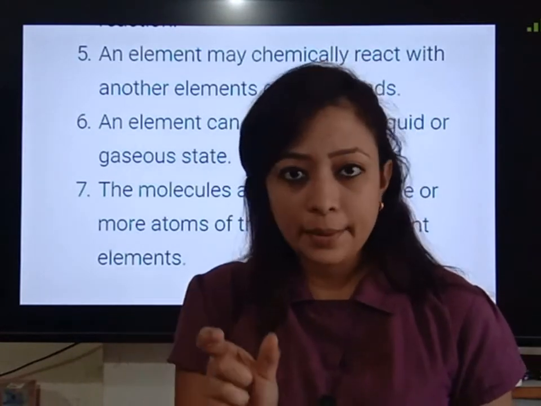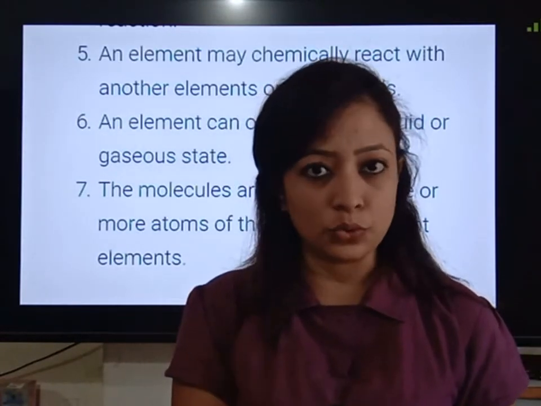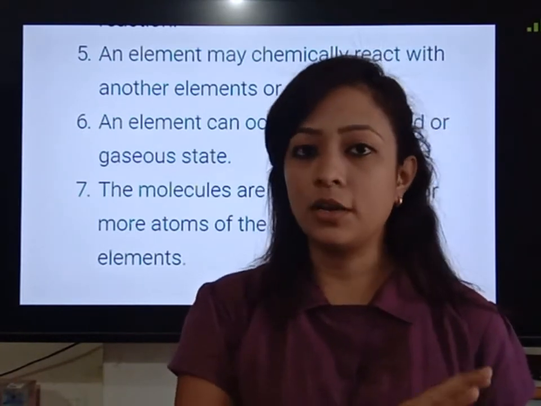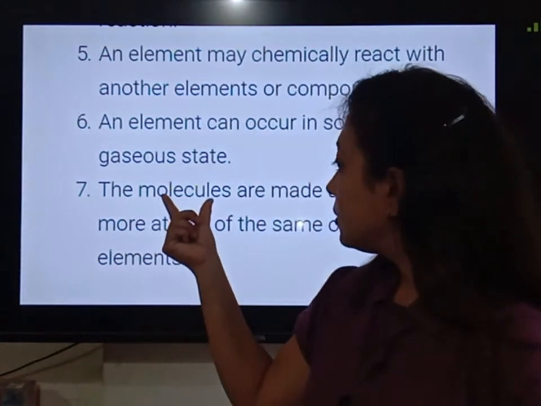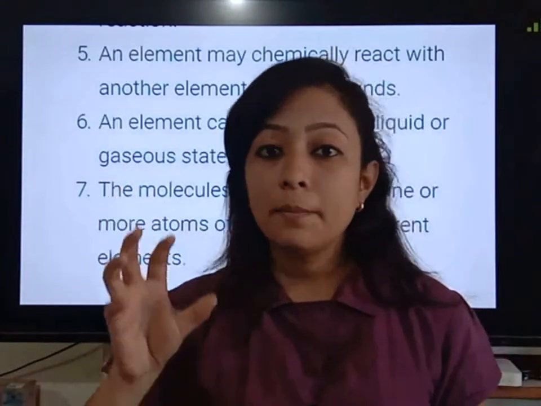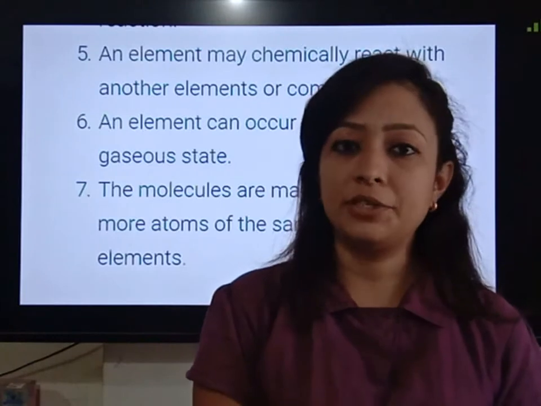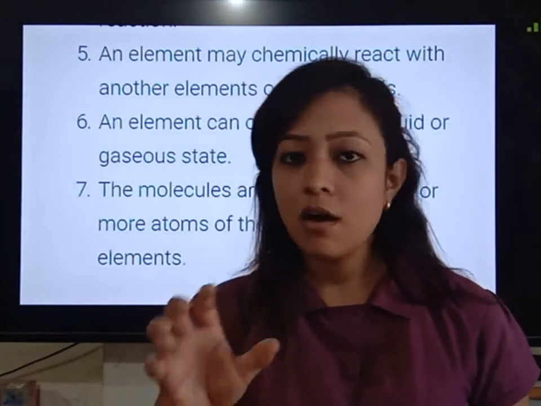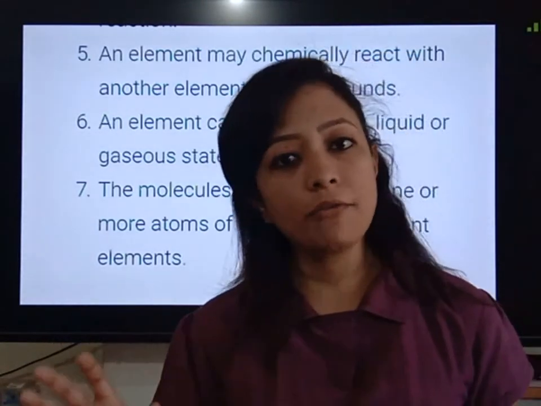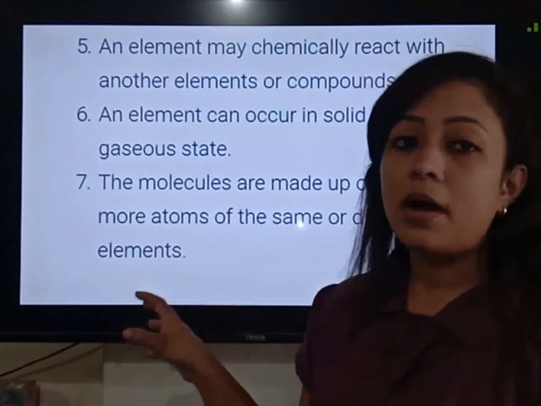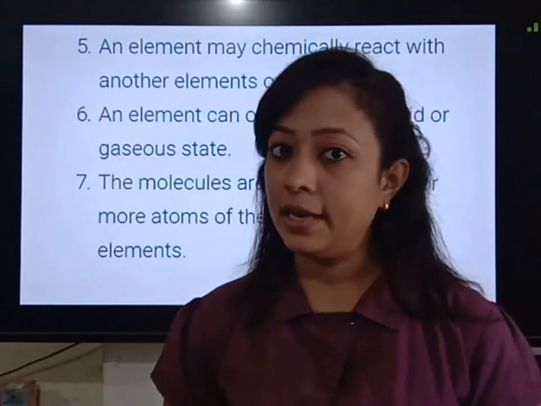When these two elements react, that is Mg plus O2, it gives MgO. This is again a molecule or compound. So these molecules are formed from the chemical reaction between the same type of element or different types of elements. So this is about the properties of elements.